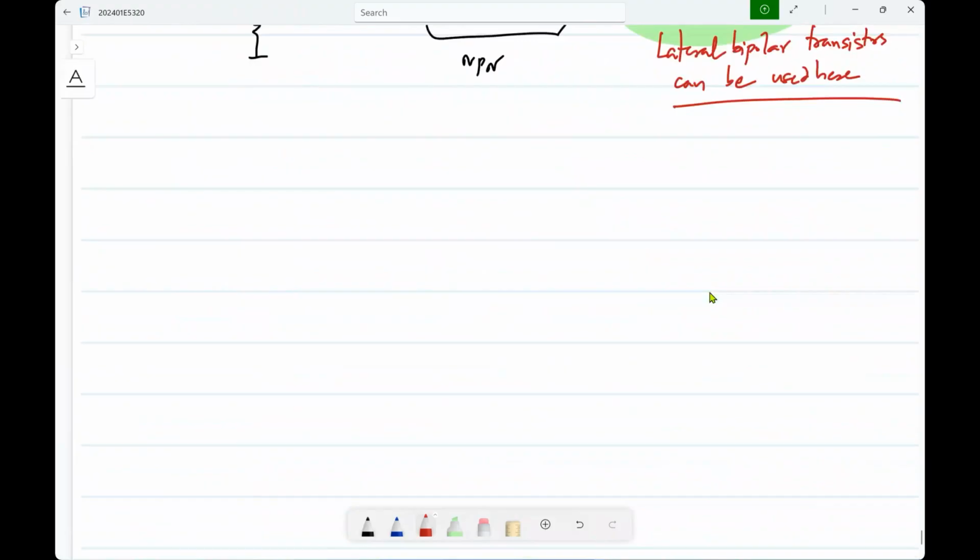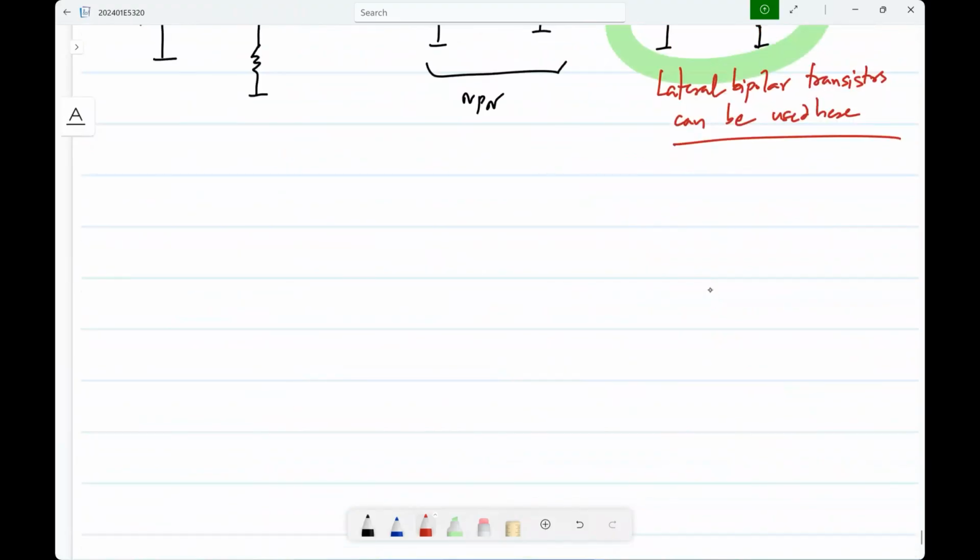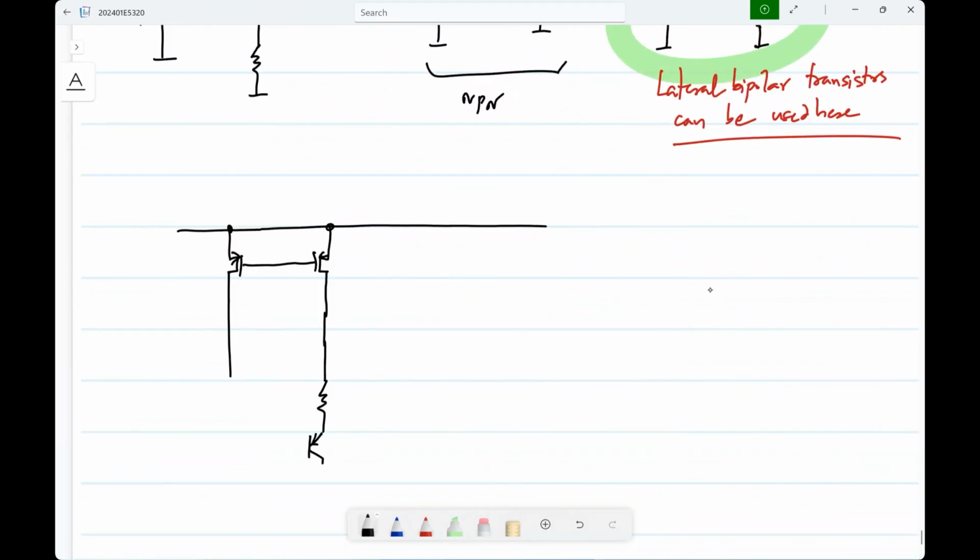Now, let me elaborate the circuit by completing it, showing the details of the single stage op amp. I'm showing PNPs now, but it doesn't matter. I mean, it's the same, right?